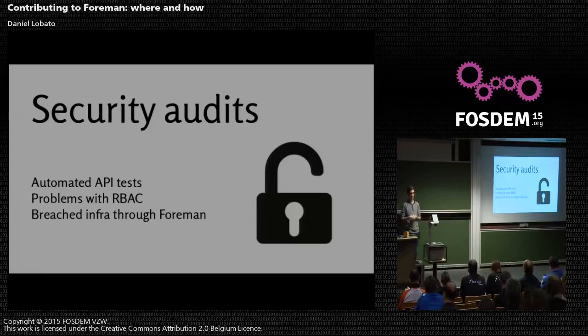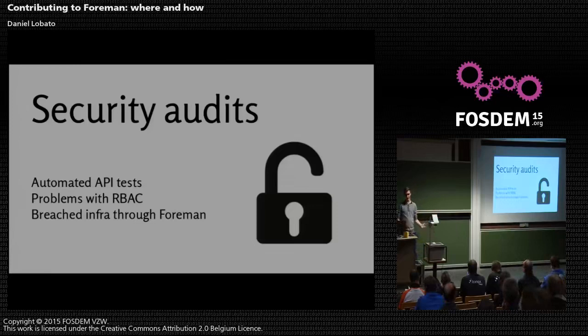So something that would be useful is if you find errors related to permissions or security problems, either in the way that Foreman is deployed with the installer, or in the way Foreman actually works. If it's not very critical, you can just go to the issue tracker that I posted before.